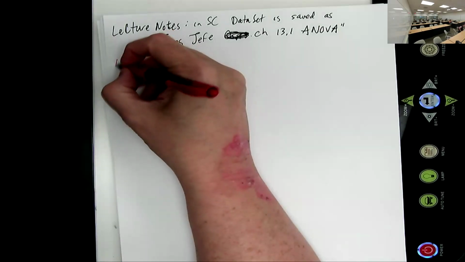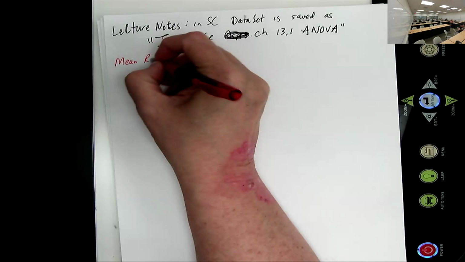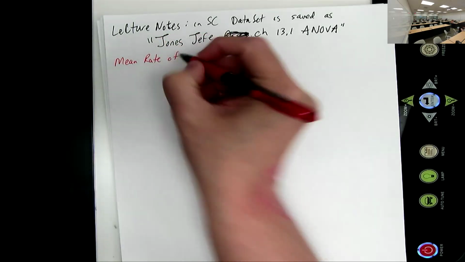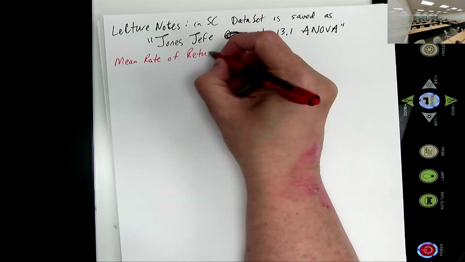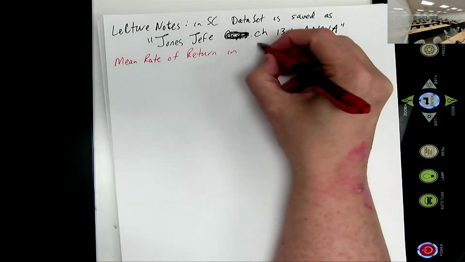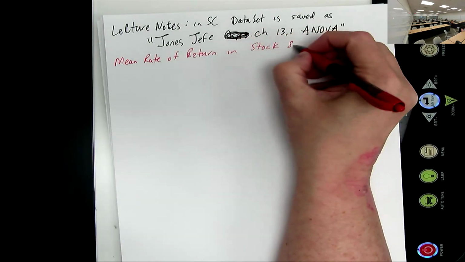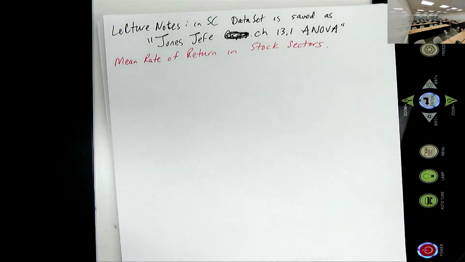First problem I'm gonna do is on mean rate of return in stock sectors. I'll put that up on the screen where you can actually read the problem.